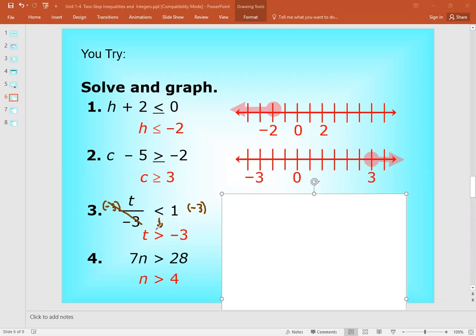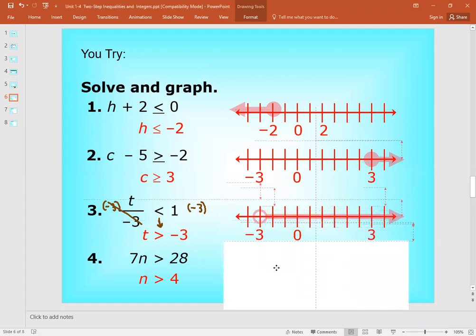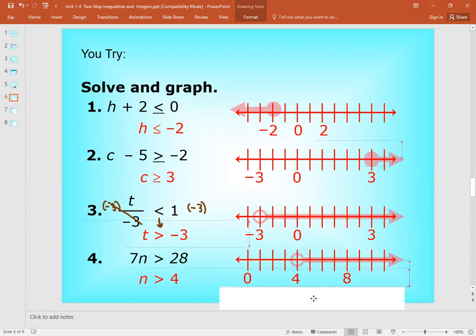So it changes from less than to greater than, and then 1 times -3 is -3. So we find -3, open circle, pointing to the right. Okay, for number 4, we divide by a positive 7. That doesn't change the sign. So n is greater than 4, open circle on 4, and points to the right.